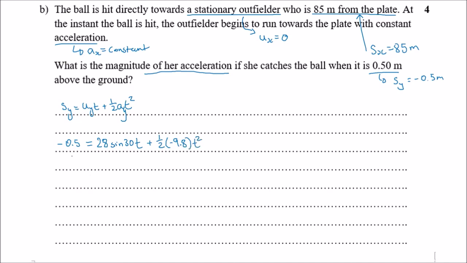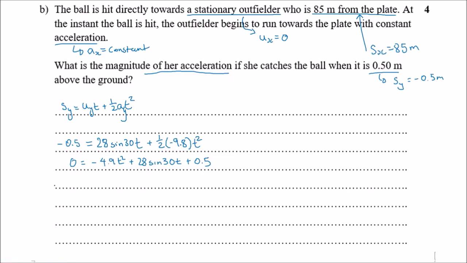Okay, if I rearrange my equation, it will be minus 4.9 t squared plus 28 sine 30 t plus 0.5. Yeah. So in order to solve this equation, you do need to use quadratics.